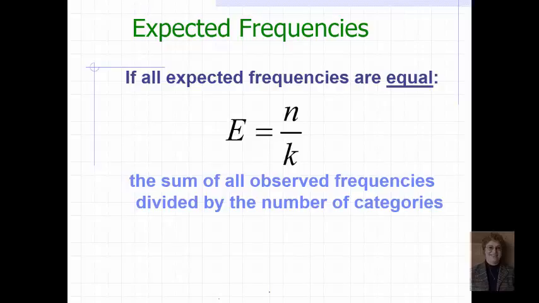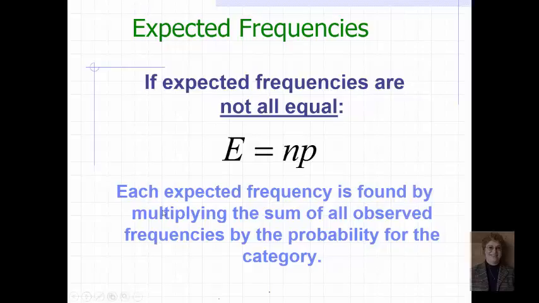So 100 divided by 2, you would expect 50 girls. We'll look at this in more detail when we actually do some examples. Now sometimes not all the frequencies are equal, and then your expected is the number times the probability for that category.